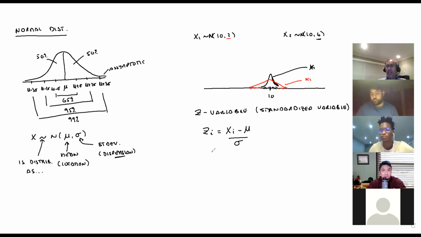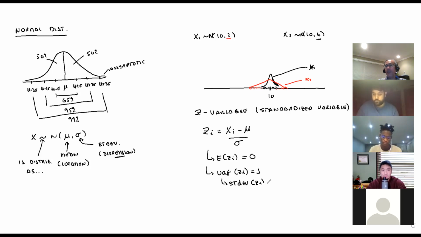And what is interesting, guys, is that the expected value or the mean of Z_i is always going to be equal to 0, always. And the variance of Z_i is always going to be equal to 1. So if the variance is 1, also the standard deviation is going to be equal to 1. Okay, so these two properties are crucial, guys, because they are going to help us understand a lot of statistics.